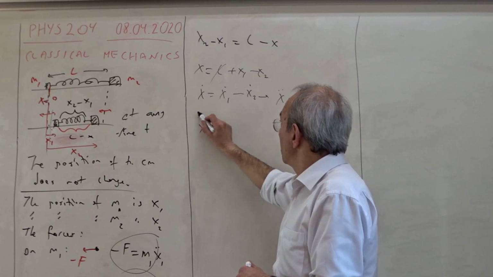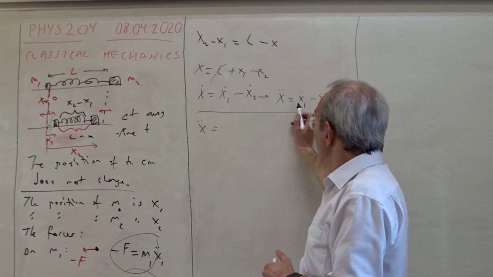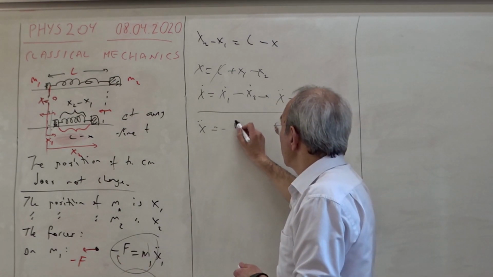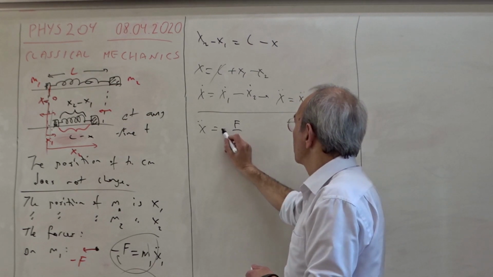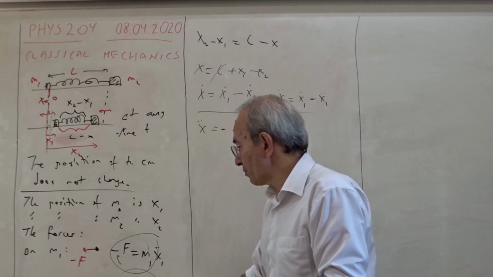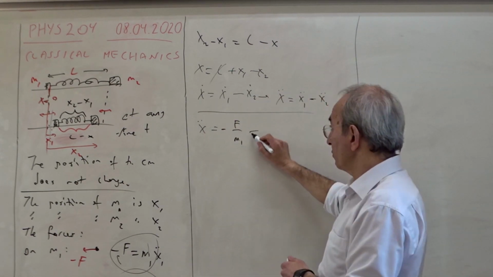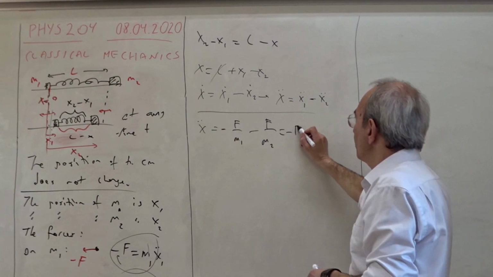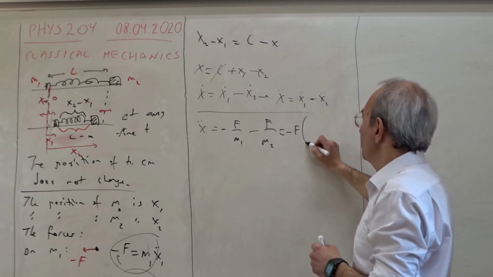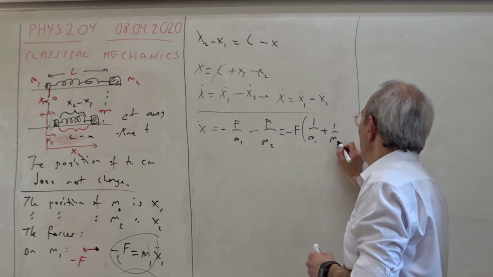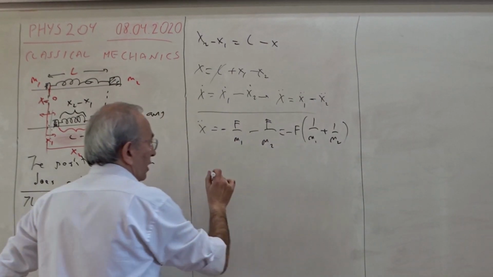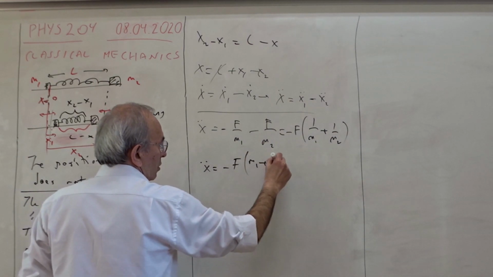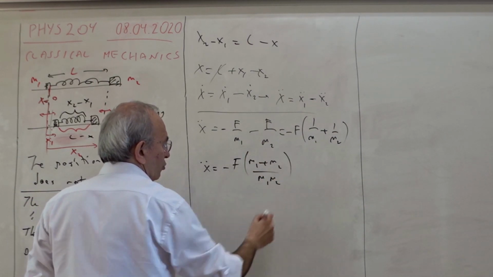We have x1 double dot, which can be found here as minus f over m1. Minus the other one, but the other one is plus f over m2, so we still have a minus sign, f over m2. Take minus f to the other side as a common multiplier. We have 1 over m1 plus 1 over m2. In other words, we have x double dot equals minus f times (m1 plus m2) divided by m1 m2.